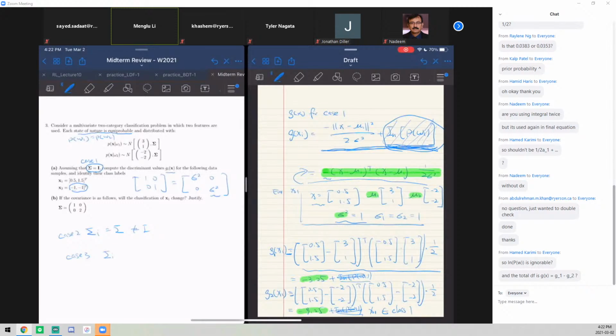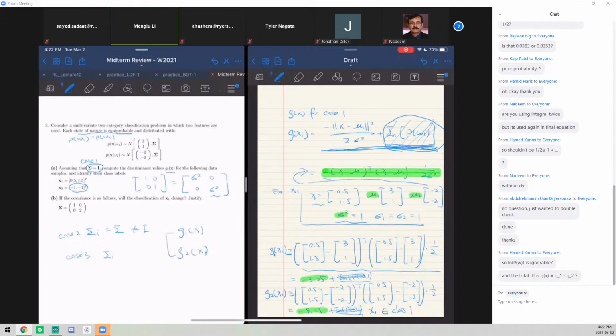The total discriminant function G, actually it's not the total. Here the G has an i in there. So it's one discriminant function for class 1 and one discriminant function for class 2.